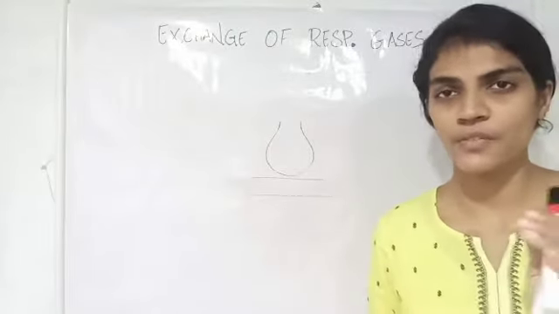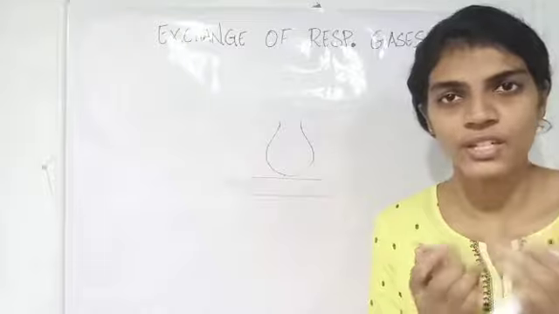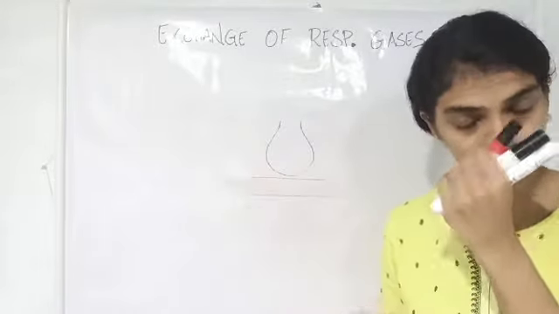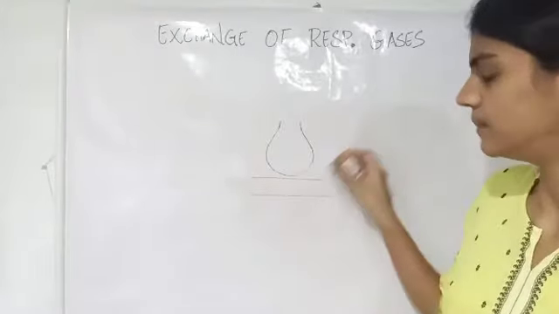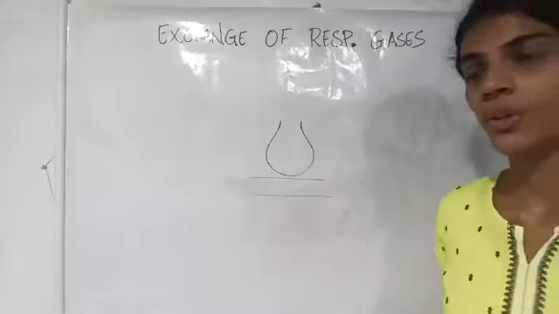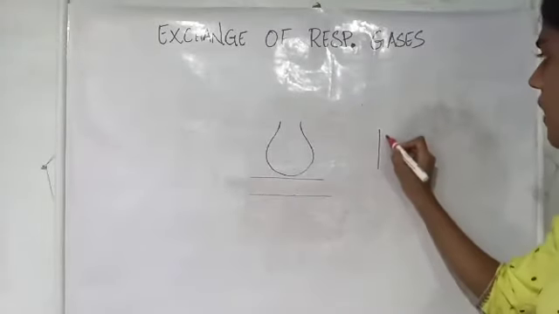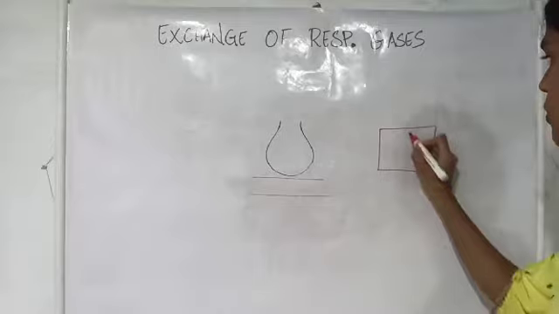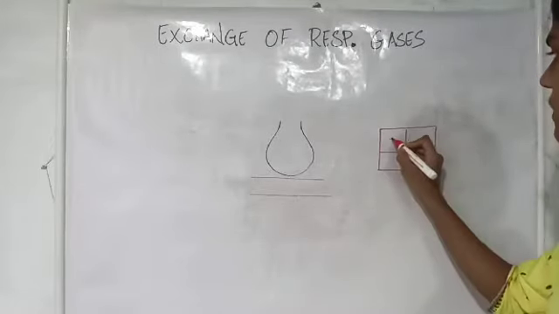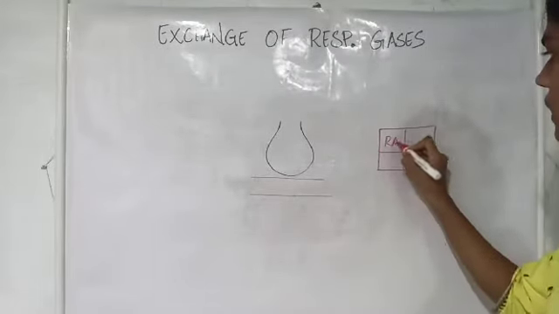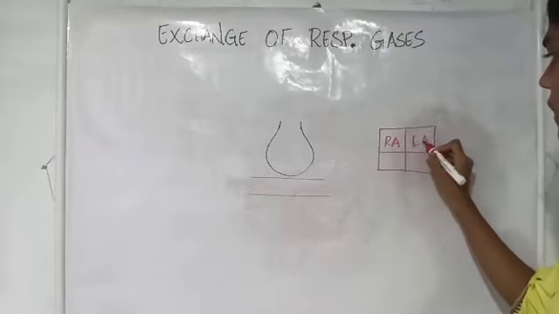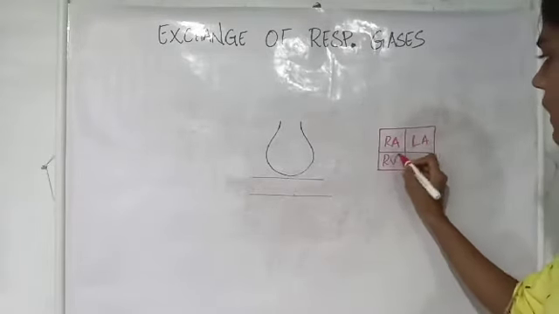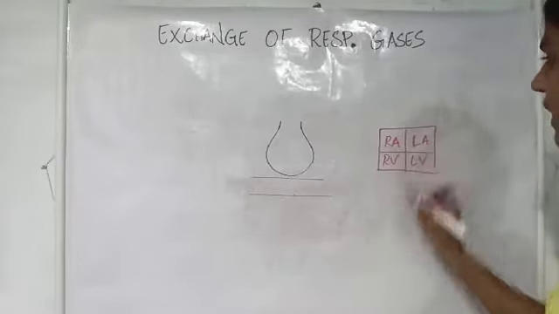Before that, let me give you a rough idea of the circulation of the body. Suppose this is the heart. These are the 4 chambers of the heart: the right auricle, left auricle, right ventricle and left ventricle.